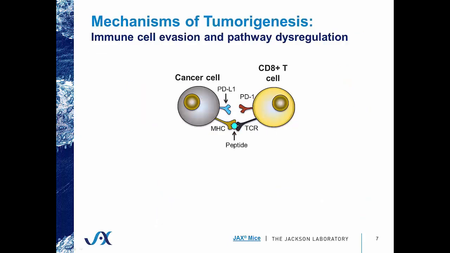Now, under normal circumstances, T cells will recognize foreign antigens or cancer antigens via MHC presentation by a cancer cell. In this case, we have a CD8 positive T cell that recognizes a cancer cell antigen via MHC class 1. This, in turn, activates the T cell to release cytotoxic granules, and that includes perforin, granzyme, and granulysin that can kill that cancer cell.